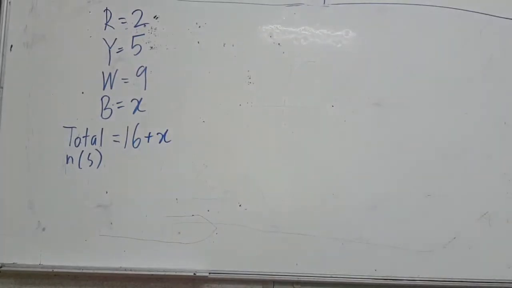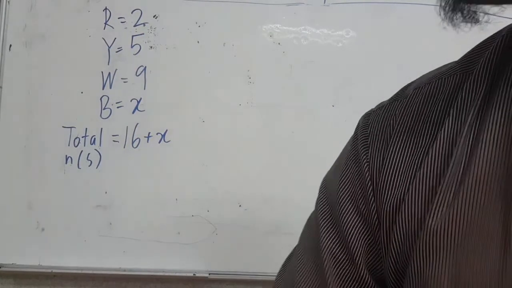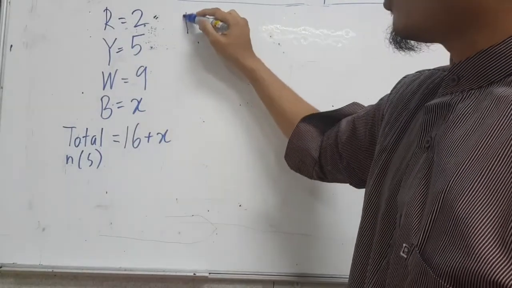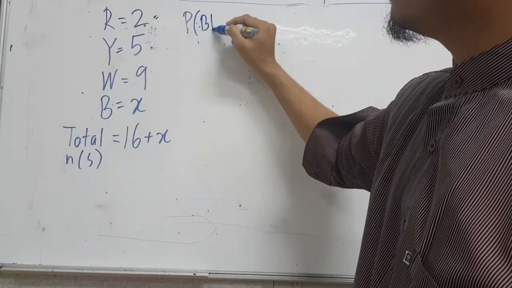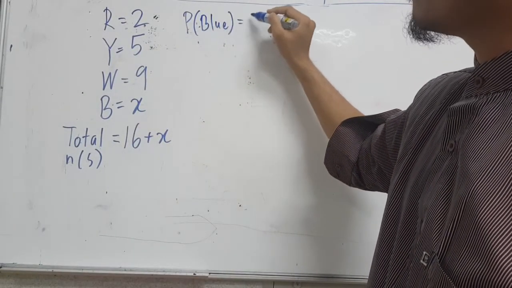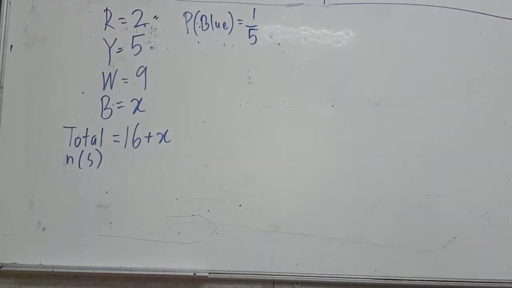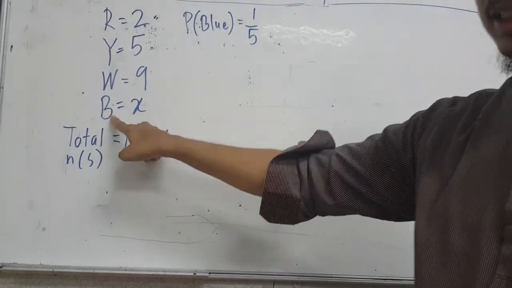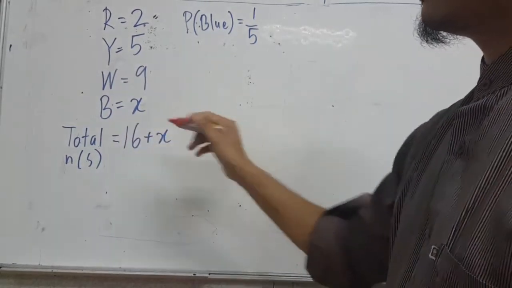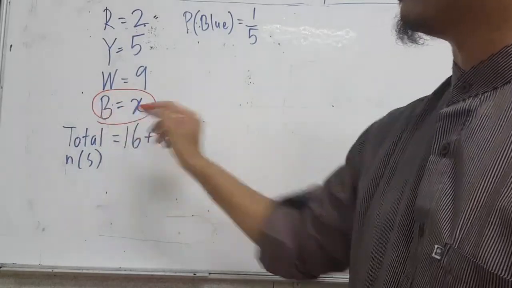And we also know that the probability of getting the blue is 1/5. Now we want to find the number of blue cards.